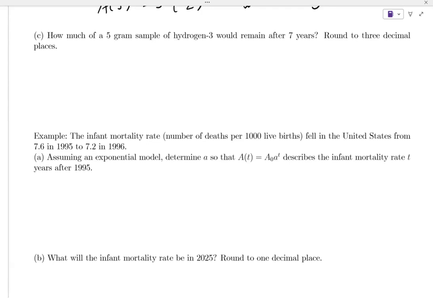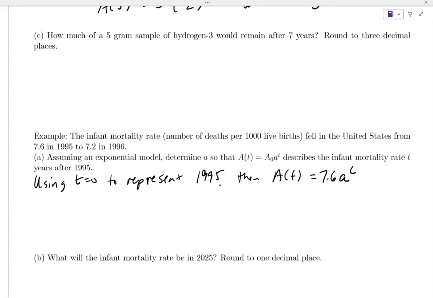So using t equal to 0 to represent 1995, then we have A of t is 7.6 a to the t. So we've got one of those pieces.